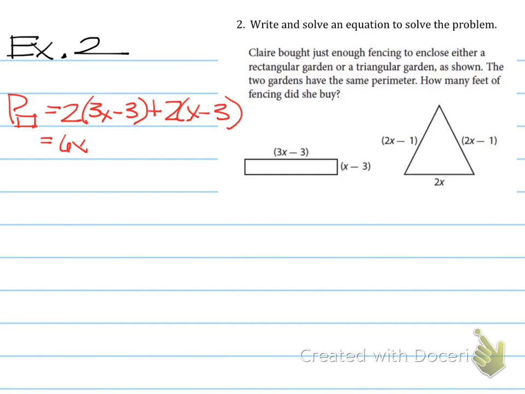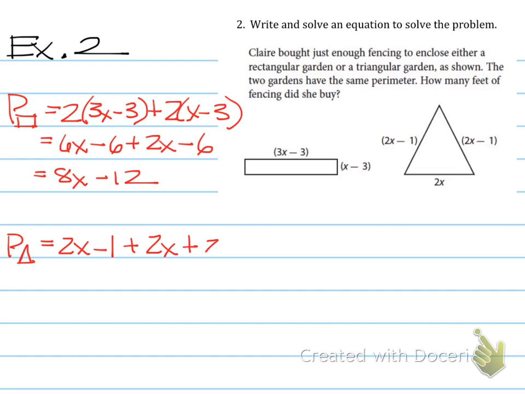Let's simplify that expression first. The right side of that equation, we get 6x minus 6 plus 2x minus 6, and then combine the like terms. 6x and 2x is 8x, negative 6 and negative 6 is negative 12. Now we want to do the same thing for the perimeter of the triangle.